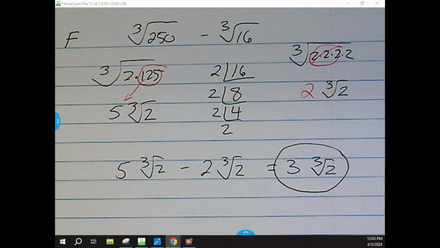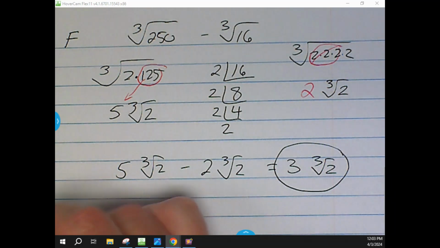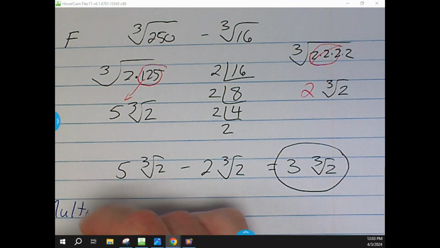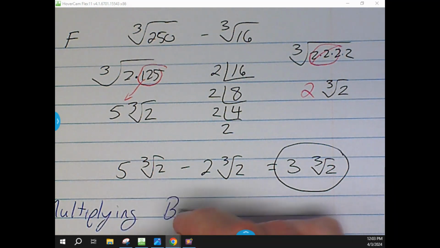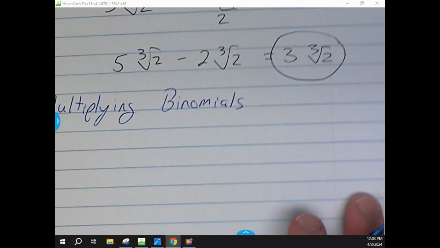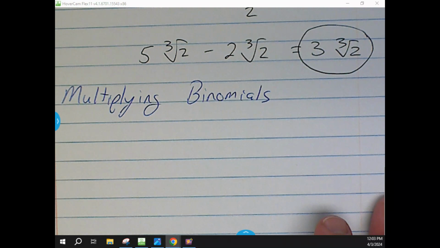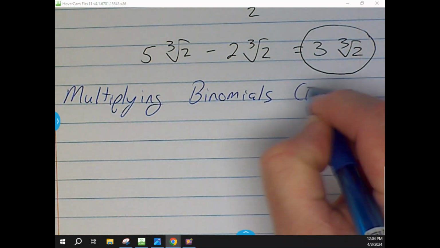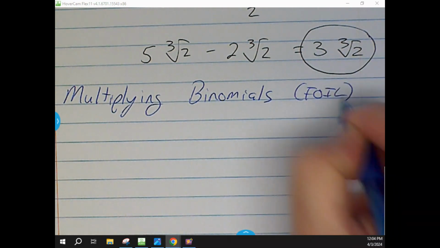Okay. Now multiplying, and we did a little bit of this last time we were doing notes. So multiplying, the only thing we're going to do different this time is instead of just doing one term times another term, we're going to do multiplying binomials. And when we're doing multiplying binomials here in this case with the radicals, that's where we're going to do the full method.